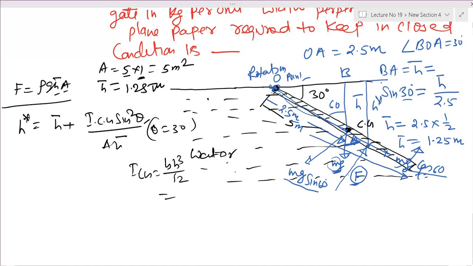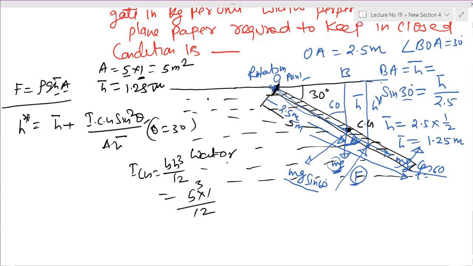So here you have to be very wise. Right now the plate rotates about the hinge, so you have to take height as this 5 and width as 1, right? So it will be 12.